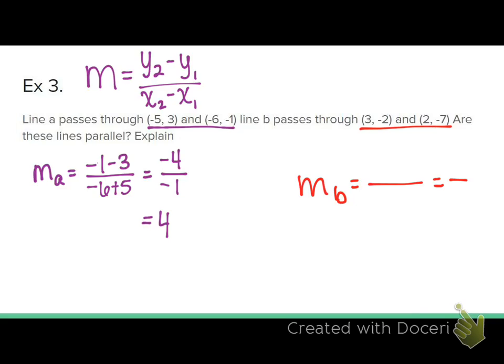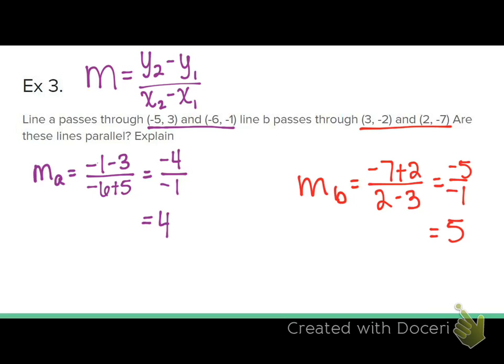You could write it as 4 or 4 over 1. Doesn't matter to me. For line B, what goes in my numerator? Denominator? Okay, what do I get in my numerator? Negative 5 over negative 1, which reduces to 5.